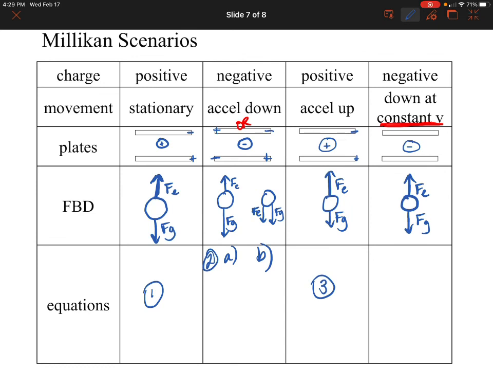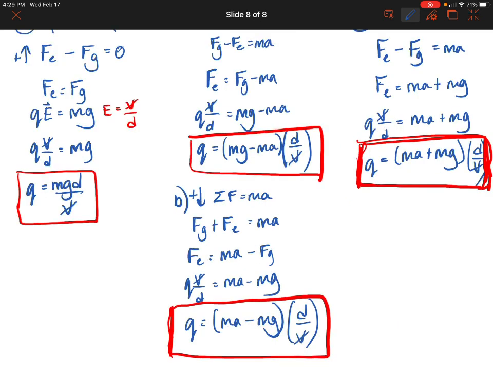So since we still need an electric force going upwards, we definitely need this to be a positive plate and this guy to be a negative, so we have electric force going upwards. They're still equal and opposite, but it's just moving down at a constant velocity because there's still no acceleration.